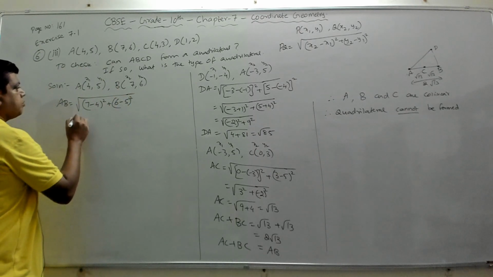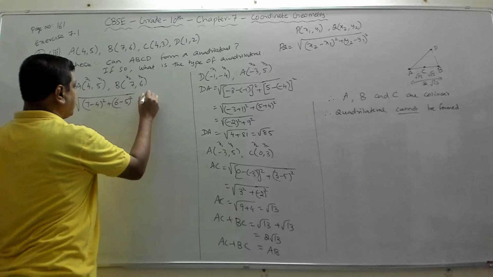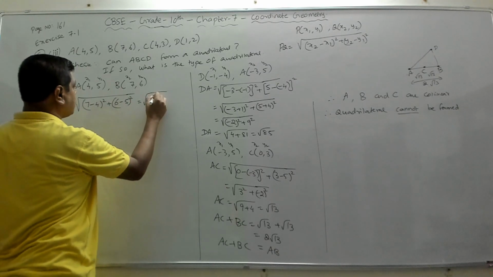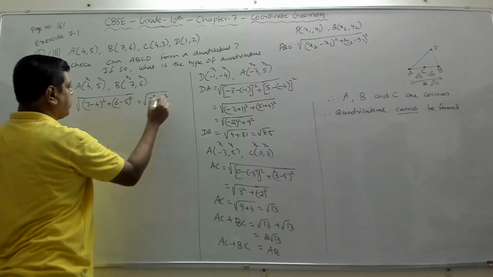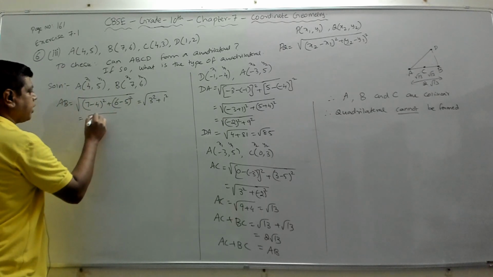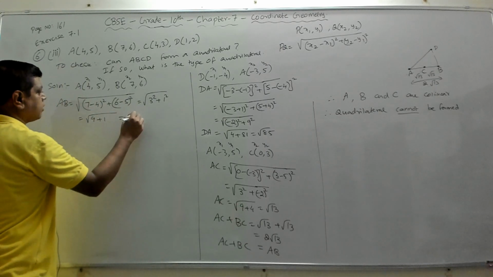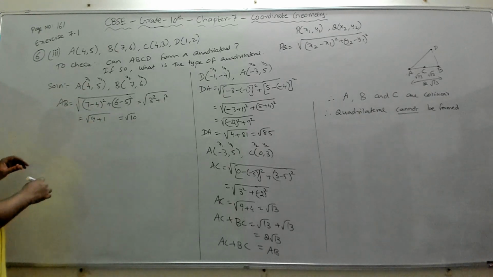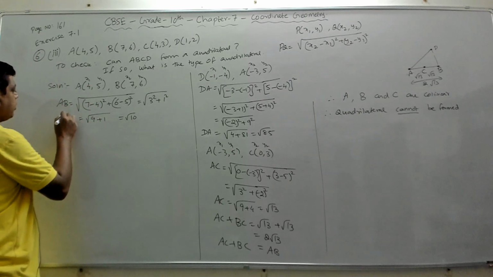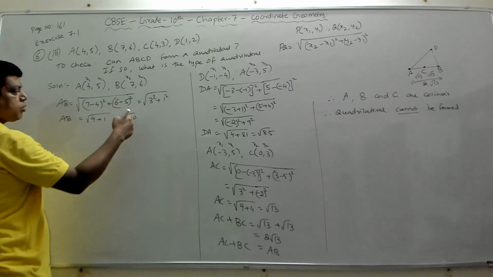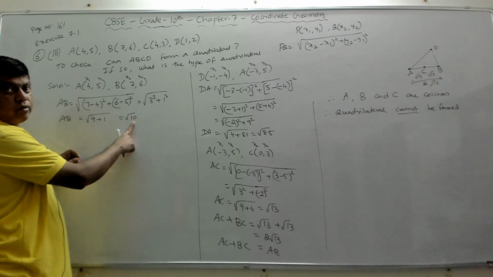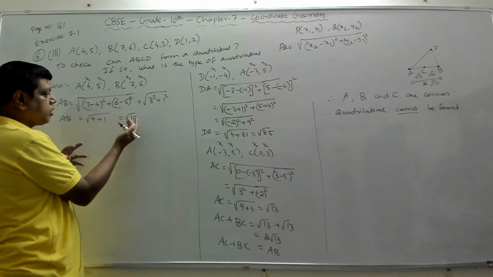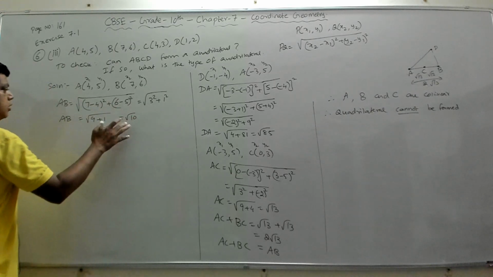That is the square root of 3 squared plus 1 squared, which is the square root of 9 plus 1, which is root 10. We can't simplify root 10 because it can be written only as 2 into 5, so you can't take anything out of the square root. So AB is root 10.